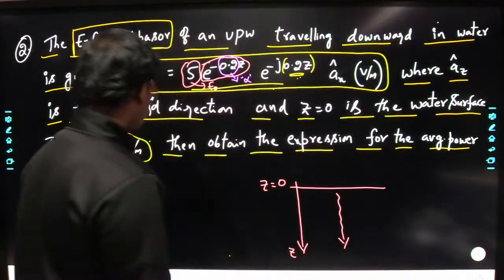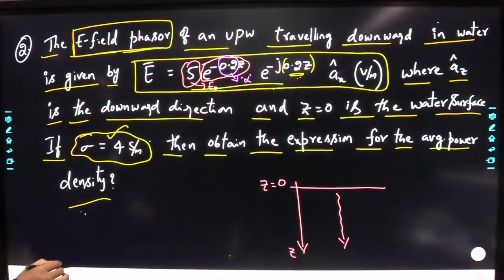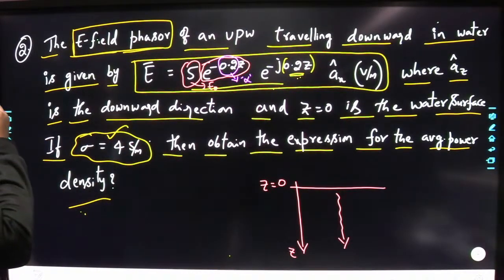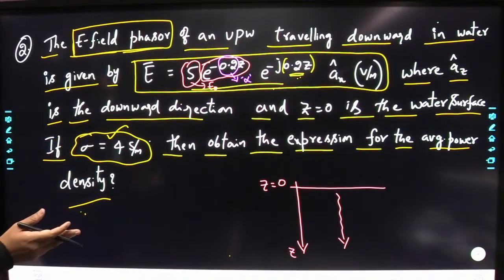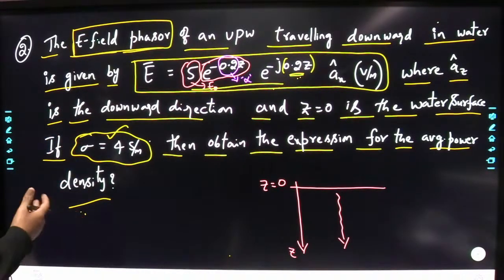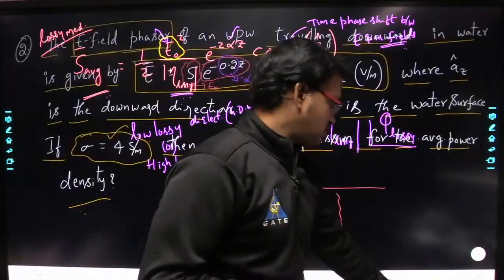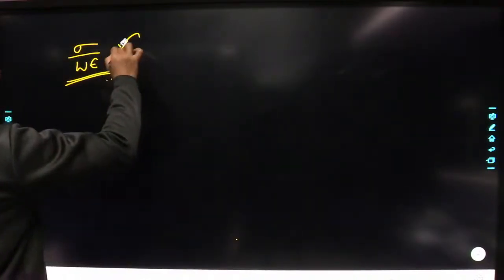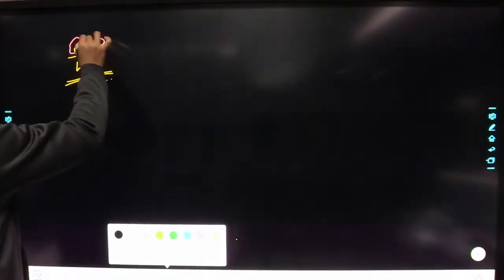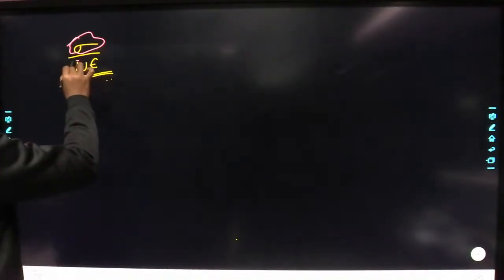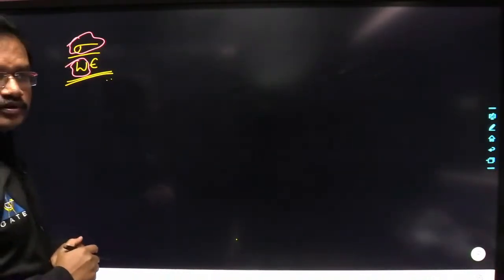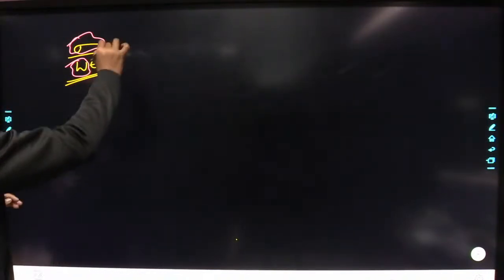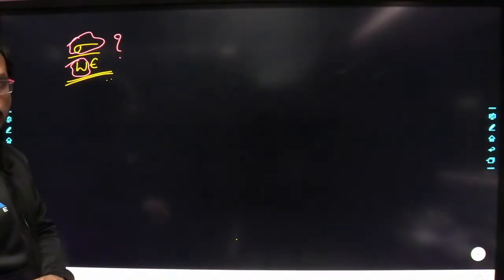In the problem, they have given the sigma value, and if you observe, they have not mentioned anything about omega. So if you try to determine the sigma by omega epsilon ratio, you know only the sigma value. They have not given the omega value, so how can you determine this? It is not possible now, right?